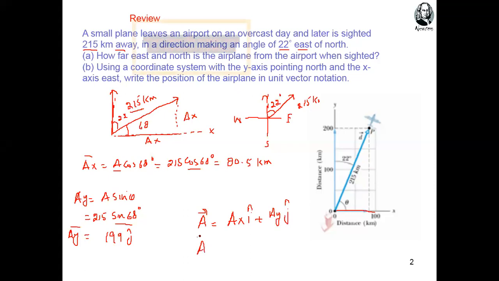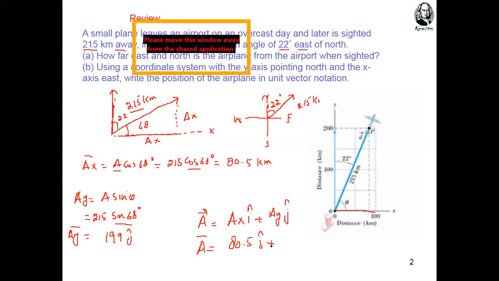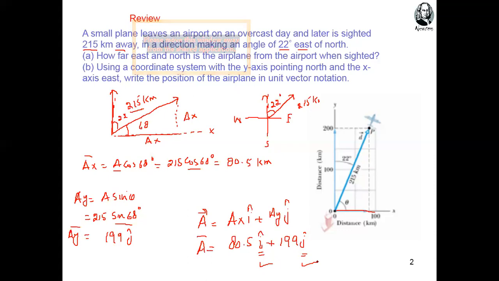So a is equal to a_x i plus a_y j, where a_x is 80.5i plus a_y means 199j. i and j are just directions. If i is along the x-axis, j means along the y-axis. So how can we find the x component and y component? Is this one clear? No question?